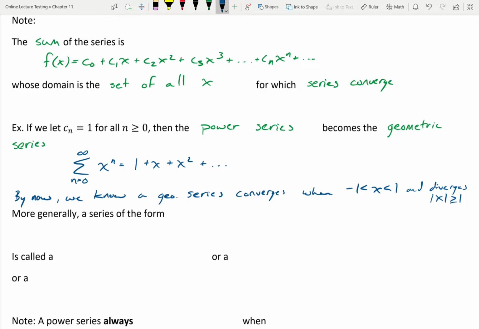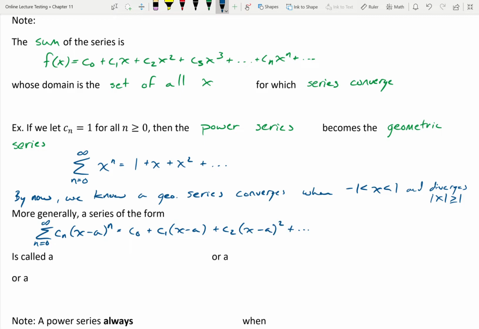More generally, a series of the form the summation as n goes from 0 to infinity of c sub n times x minus a to the n. So this is going to look like c sub 0 plus c sub 1 times x minus a plus c sub 2 times x minus a, the quantity squared, and so forth.